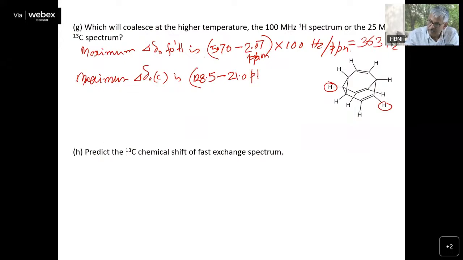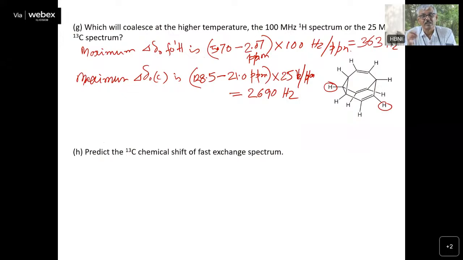This will be in ppm, into 25 hertz per ppm. And if you do that, you will see 2690 hertz. Now this clearly tells that the carbon 13 will require higher temperature for coalescence.